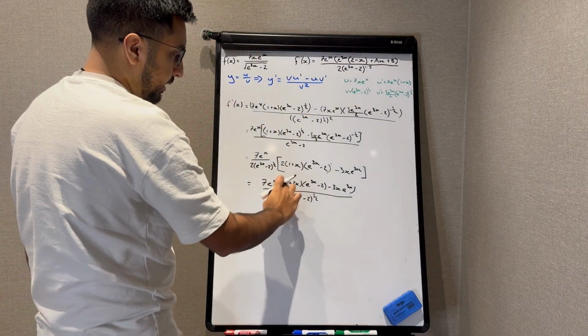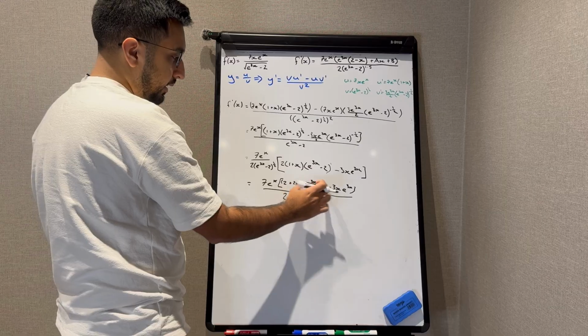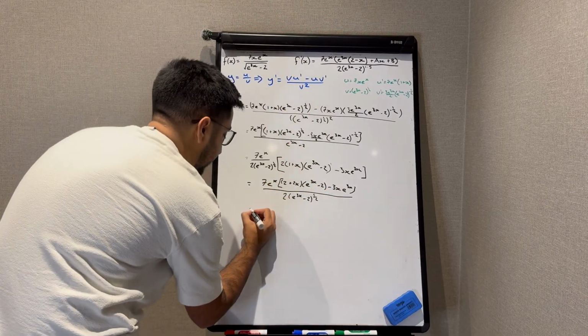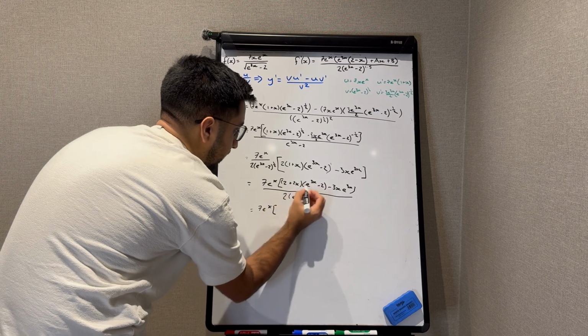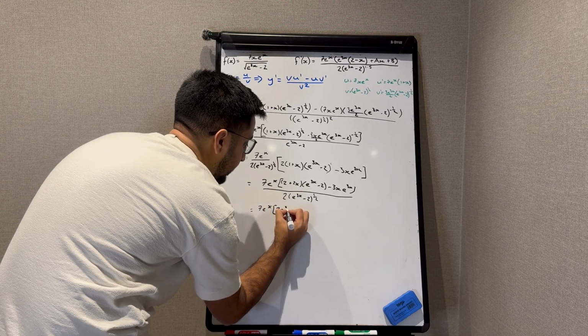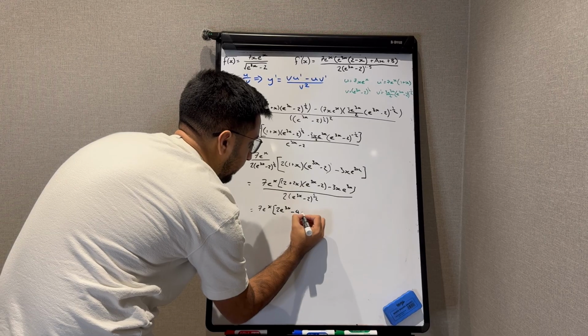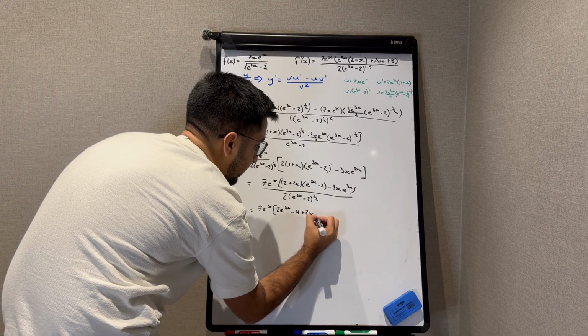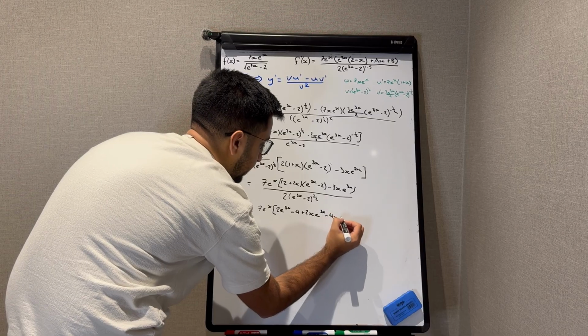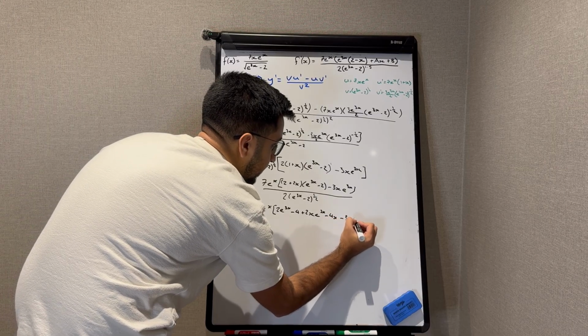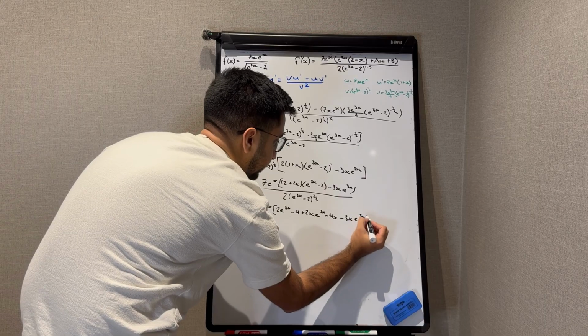I'm nearly done. Expand the brackets here, clean up, and we should have a and b. So that will be 7e to the x, that's 2e to the 3x minus 4 plus 2x e to the 3x minus 4x minus 3x e to the 3x.